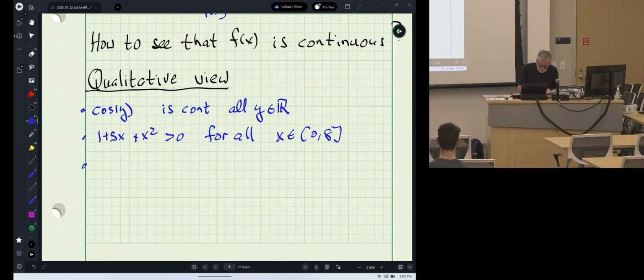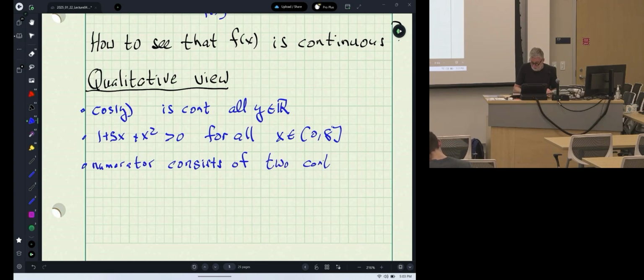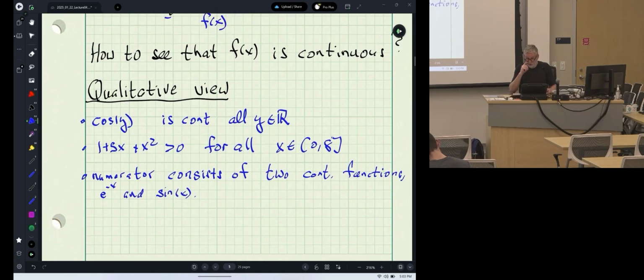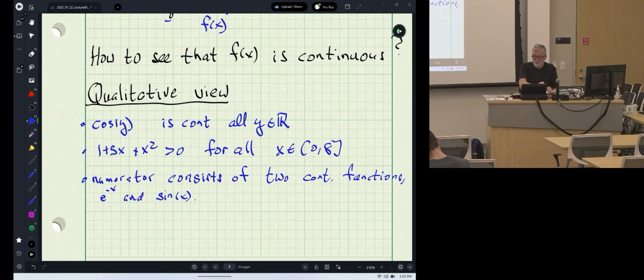Okay, so then the numerator is a product of two continuous functions. Okay, so everything works out.